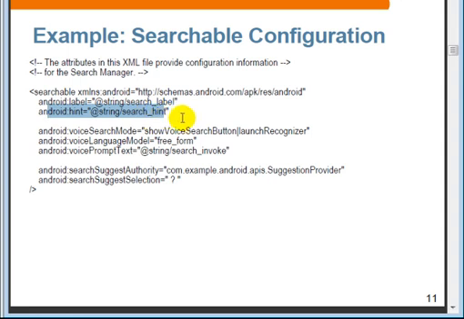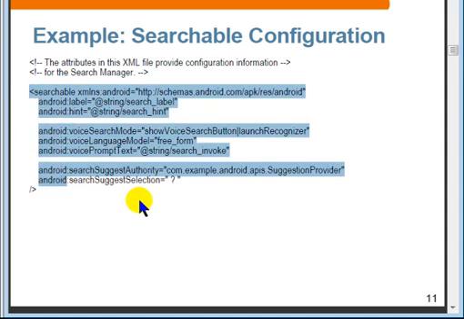This hint is used to fill up the search dialog initially, and then you can enable voice search, and you can specify searchable suggestion information. As you can see, the searchable.xml file is basically a meta XML file that describes your search dialog and search functionality.